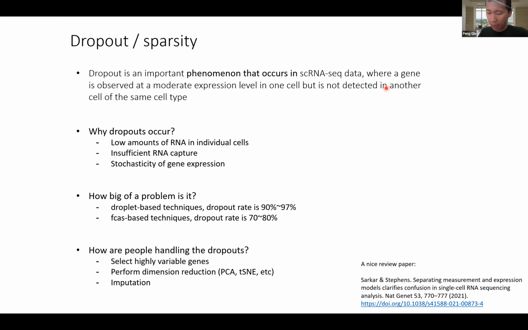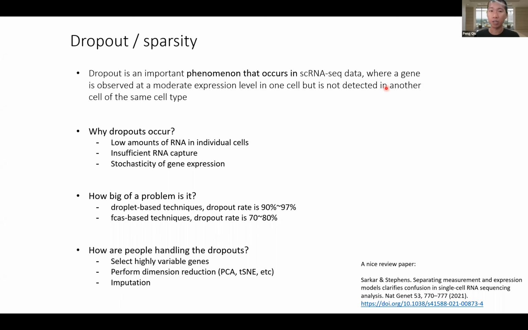So, for example, if we think about MS4A1, which is a B-cell specific gene or B-cell marker gene, it is supposed to be expressed in all the B cells. But if we look at all the B cells in the data set, and for this particular gene, we'll see that many of them express this gene at a pretty moderate level, but then some of the B cells show zero expression or zero count for this particular gene.